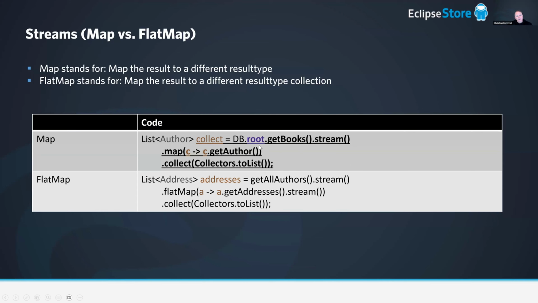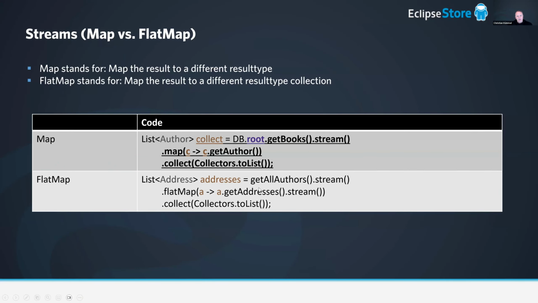So map means map to a different result type, or map a single value as a list, and it's different on flatMap. FlatMap, let's say, in that specific case some authors have multiple addresses, and whenever an object contains multiple sub-objects, so maybe each author has a list of addresses in it, then we use flatMap.